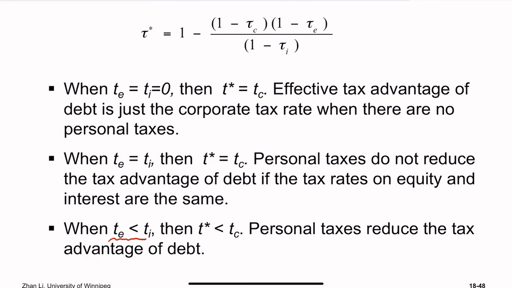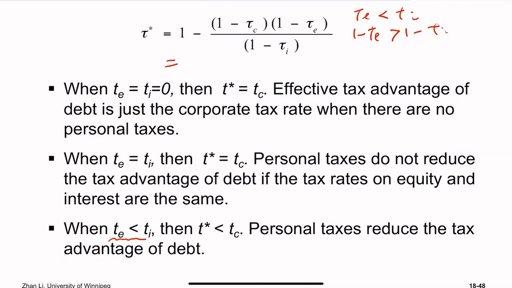So in this case, what you can see here is if TE is smaller than TI, then 1 minus TE is actually larger than 1 minus TI.